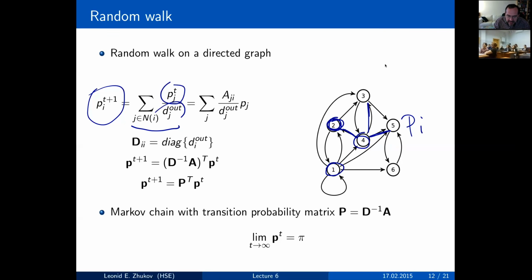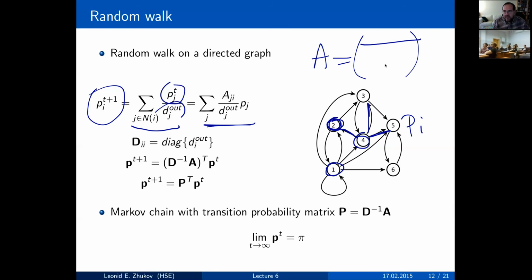Okay, and taking into account the connectivity pattern, the adjacency matrix, you can write it the following way, where dj out is the degree of the node. So if this is a matrix, to calculate the out-degrees for every node, we just sum across the line of the matrix. Okay, that will give us our degrees.